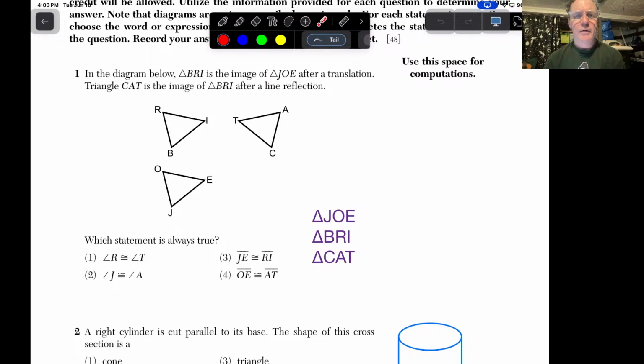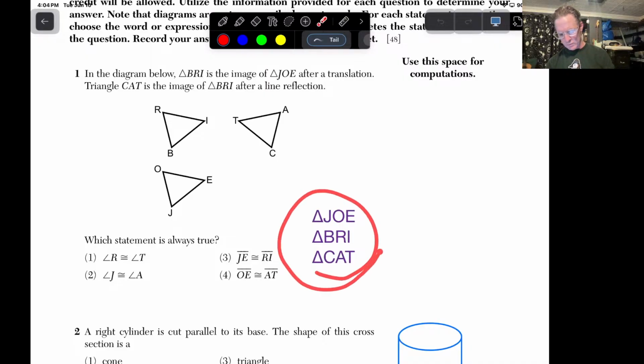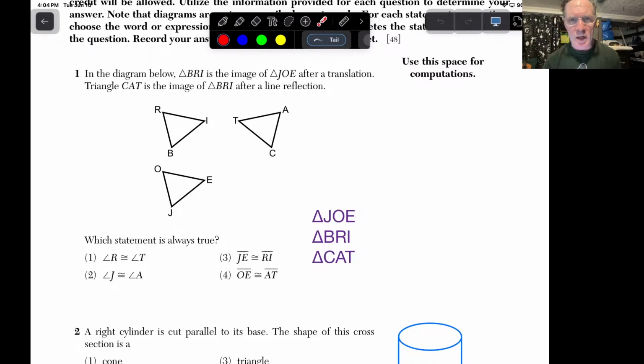All right, this is not really a transformation question at all, because really this is just a triangle congruence question, because they want to know the correspondence. For all of you that know me, I love to stack my correspondence because it makes these problems a lot easier. Same goes for similarity questions.